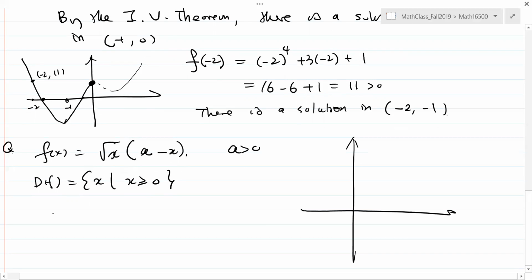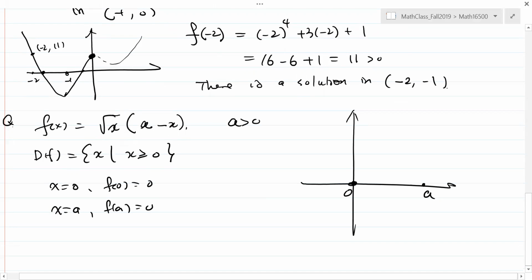When x equals 0, f of 0 is going to be 0, right? So it's clear the graph passes through this, starting from this point. But we also know that when x equals a, f of a is also 0. So that's a. For x between 0 and a, it's positive. So the graph looks like that.